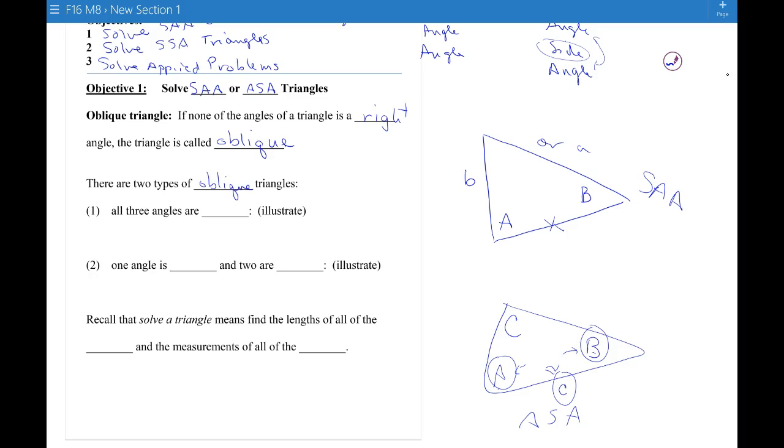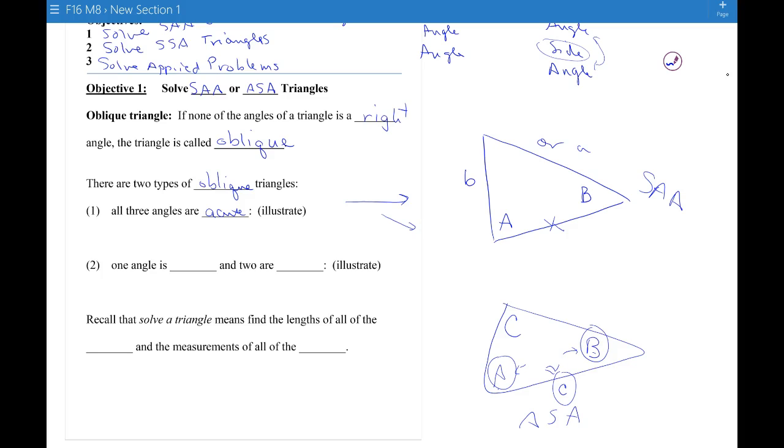It's possible that all 3 angles are acute. So in fact, the 2 examples that I drew over here both have all the angles smaller than 90 degrees. So you can see how that would be the case if you make the 90-degree angle a little smaller, and the other angle a little bigger, then you can get an oblique triangle.